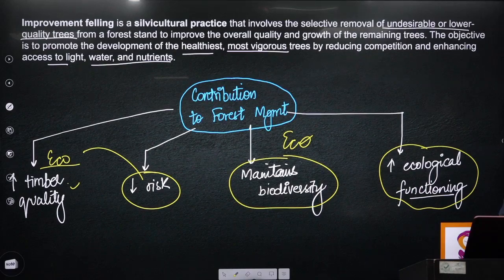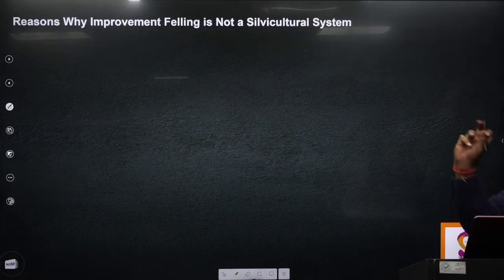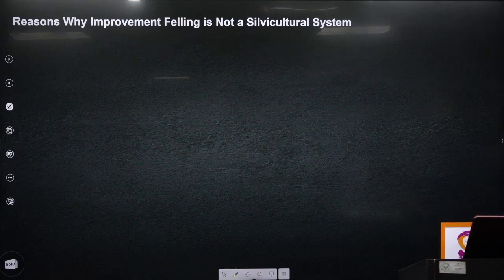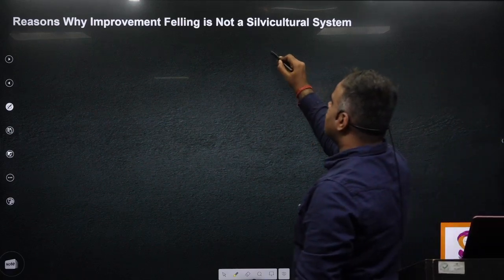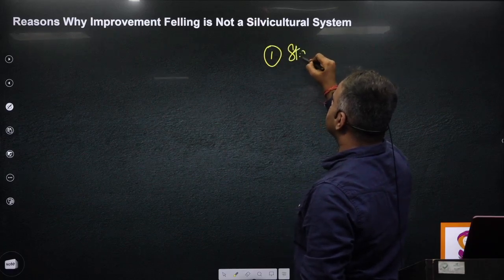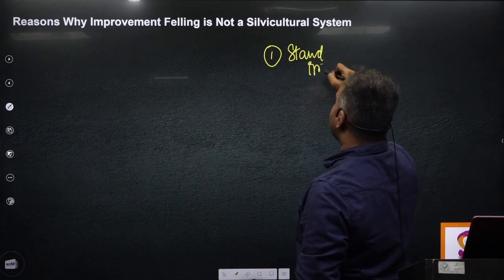Now however, if we were to give certain examples of what is the issue, why do we say that this is the reason why it is not a silvicultural system? The very first point is there is focus only on stand improvement.